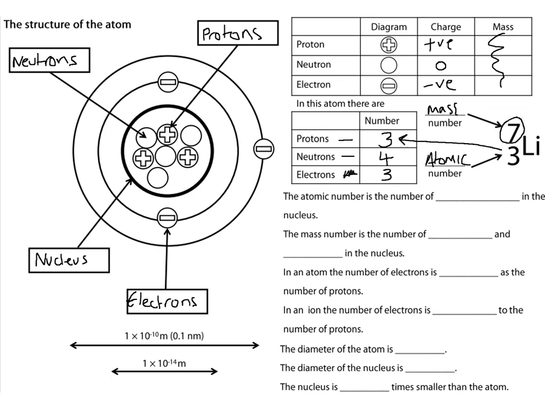Right, so the atomic number of Li, which is lithium, is 3, which has 3 protons in the nucleus, and then its mass is 7 because it also has 4 neutrons in the nucleus. So the atomic number is the number of protons in the nucleus. The mass number is the number of protons and neutrons in the nucleus.